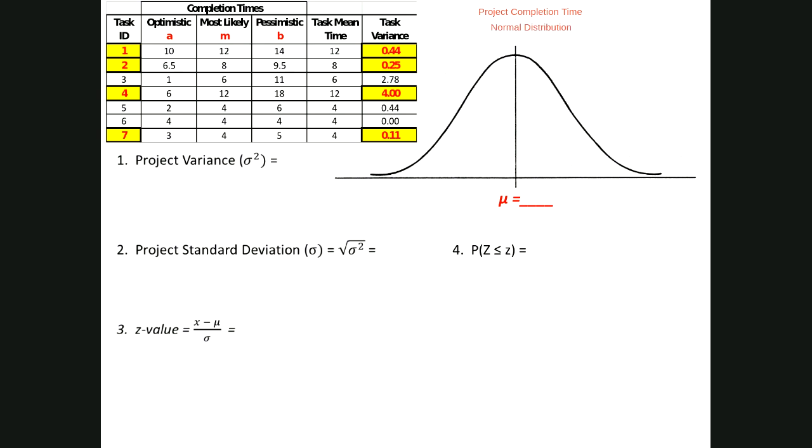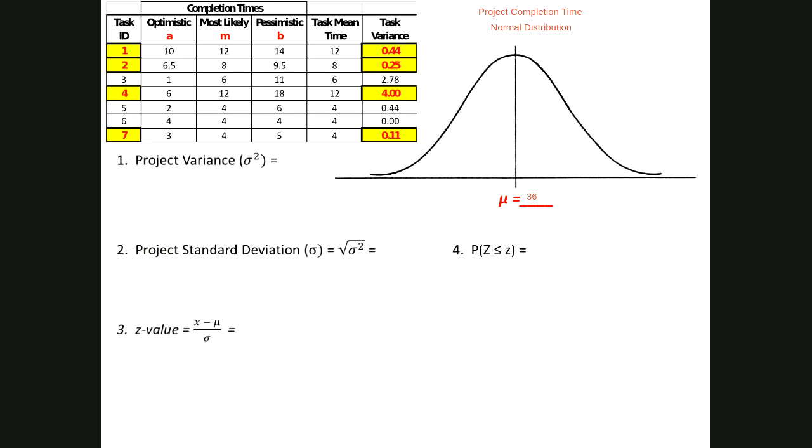We also know from previous work that the mean of that project completion time is 36 weeks. So the mean of this distribution is 36 weeks. And using our diagram, we want to determine the probability that we can complete our housing project in less than 34 weeks.